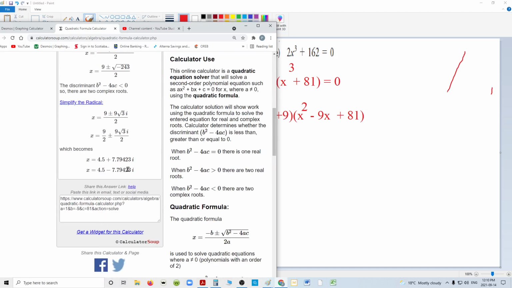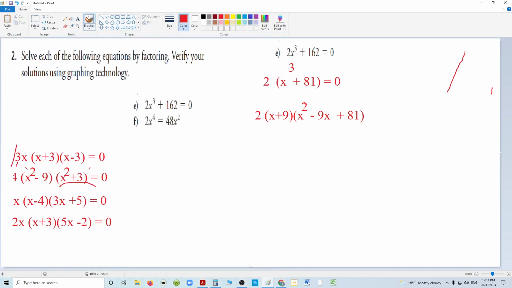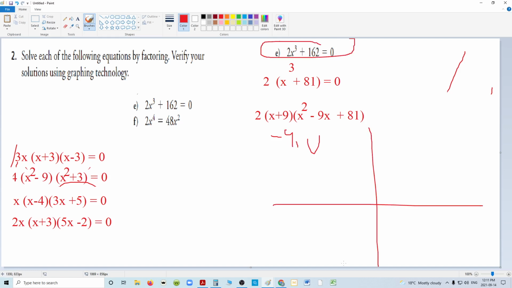As soon as you see an i here, it means they had to square root a negative number. So that means the only root for this is minus 9, 0. Even though it's a cubic, it will just go through here, minus 9. It'll probably squiggle up here and go up, or it'll squiggle down here and go up.